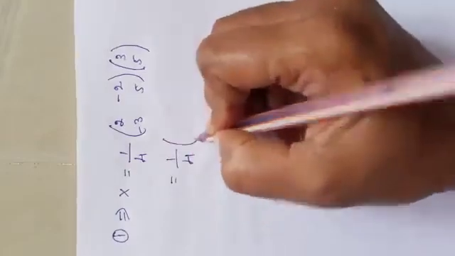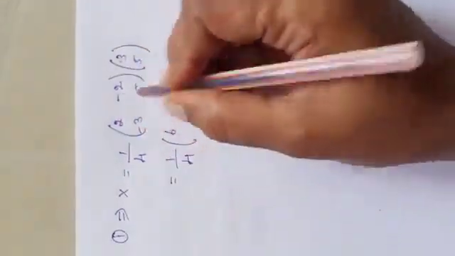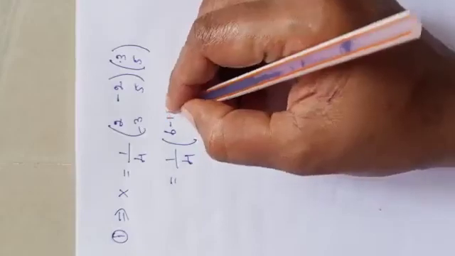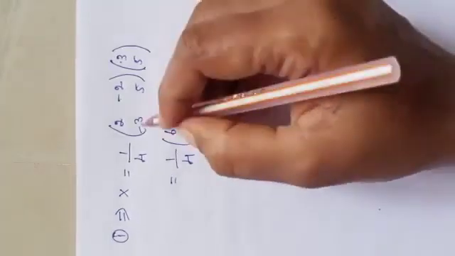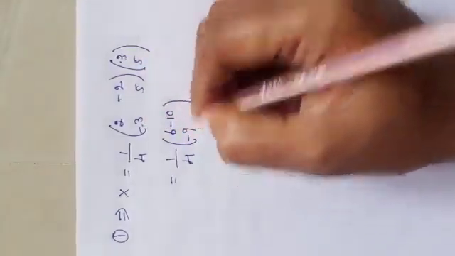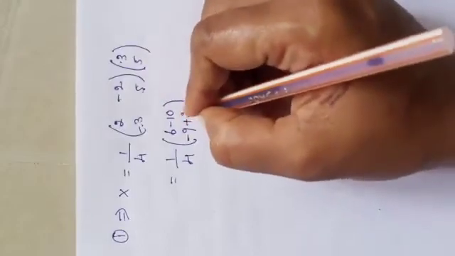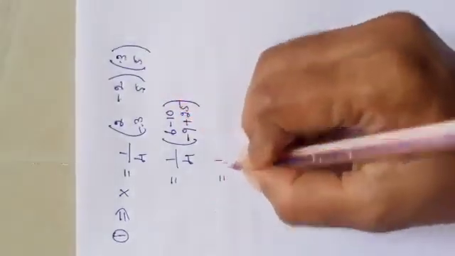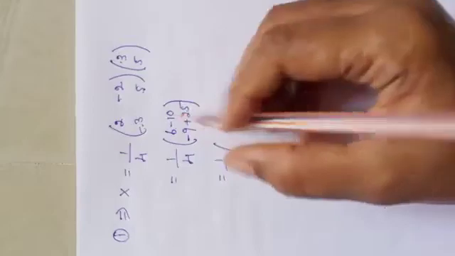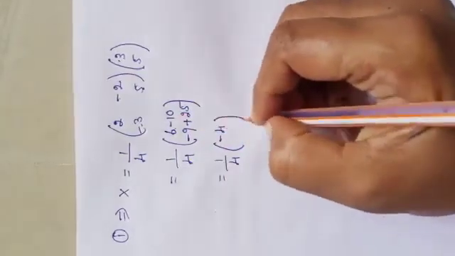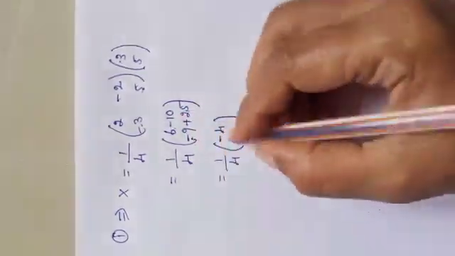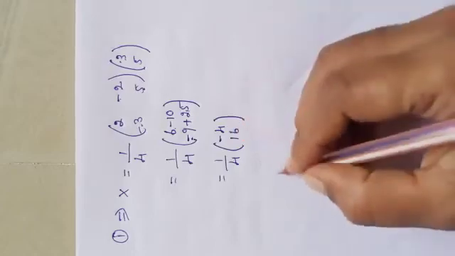Okay, 1 by 4 into, multiply it: 2 into 3 is 6, minus 2 into 5 is minus 10. Now minus 3 into 3, minus 9, plus 5 into 5 is 25. So we get 1 by 4 into 6 minus 10, that is minus 4, and minus 9 plus 25, that is plus 16.